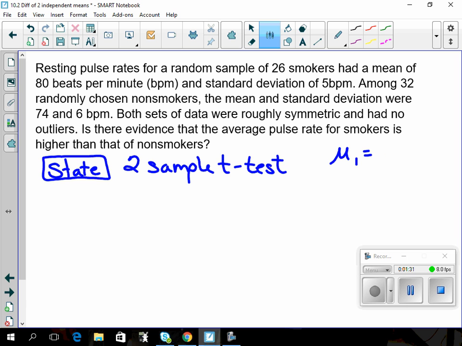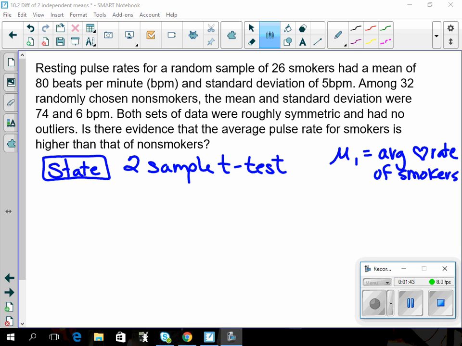So mu1 is going to be the average heart rate of smokers. Maybe you can throw the word true in there if you want to. That would be good. And then mu2 would be my second parameter of interest, because we're comparing the two different populations, and that's going to be the average heart rate of non-smokers.